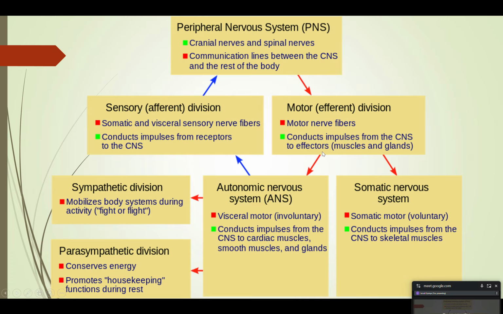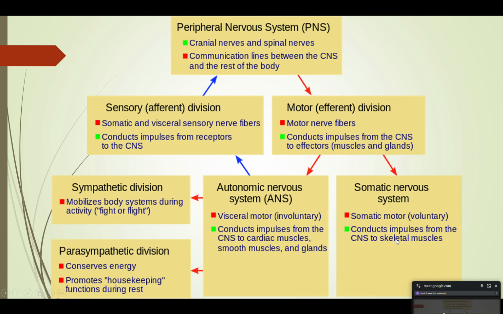Effectors are the actual organs that take a specific action based on the information they've received from the integration center. The autonomic conducts impulses from the CNS to cardiac muscles, smooth muscles, and glands. And then somatic conducts impulses to the skeletal muscles, which are the muscles that you can willingly control.